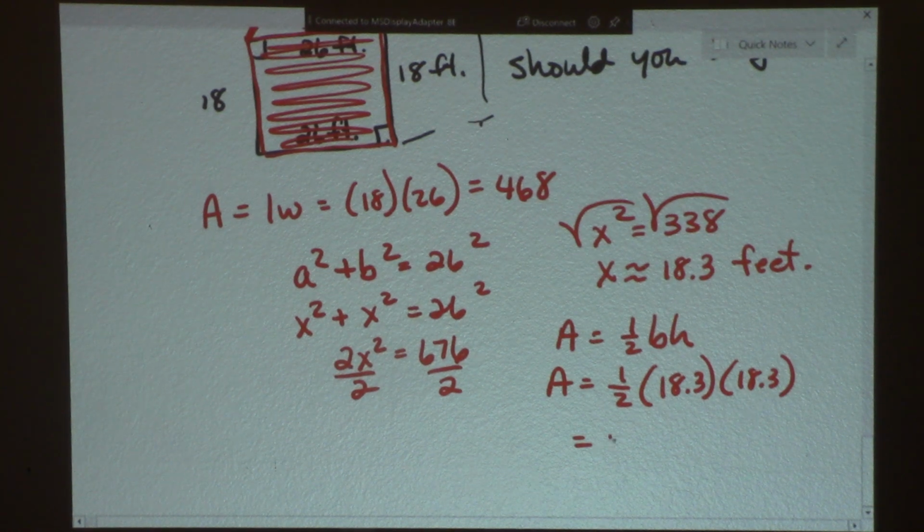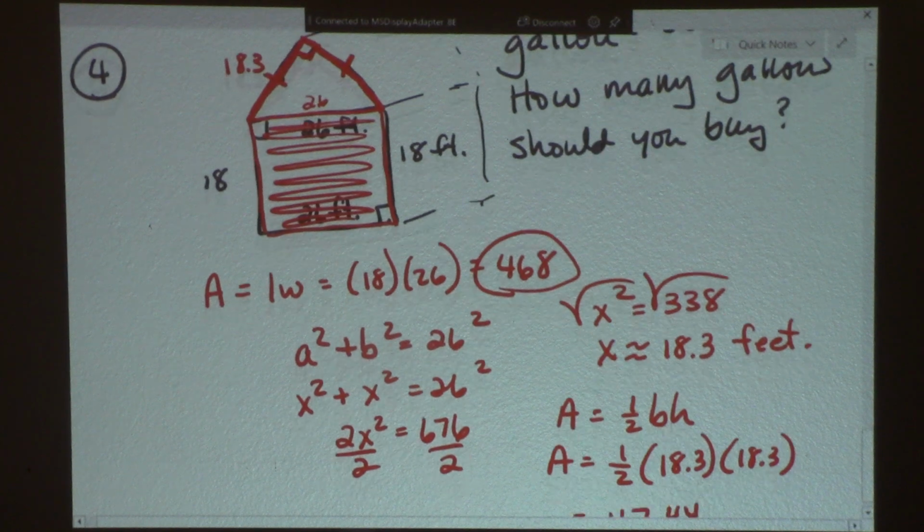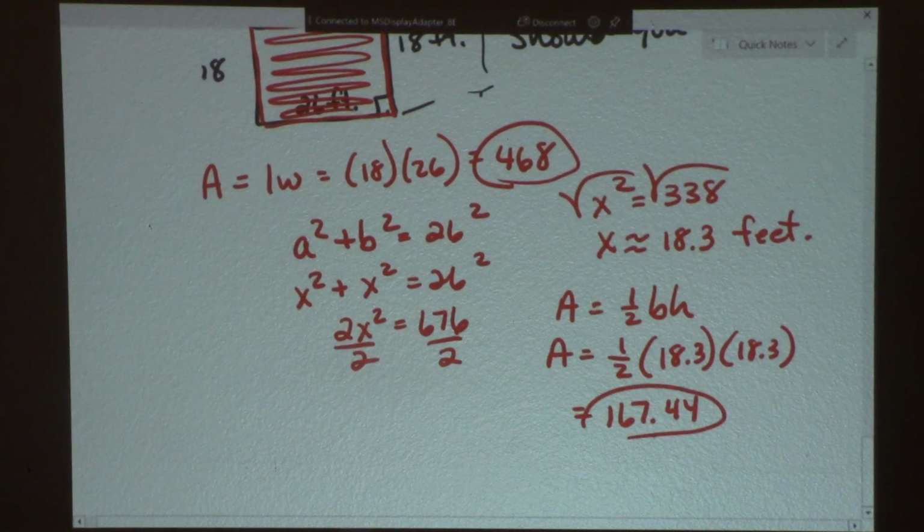And when I multiply that all together, I get 167.44. Okay, so my first area is 468. Oh, it ran off the page. Sorry about that. The second one is 167. So I'm going to round that up because I want to have enough paint.